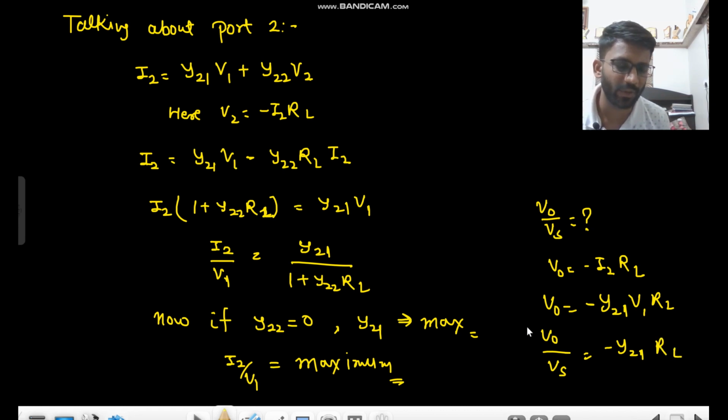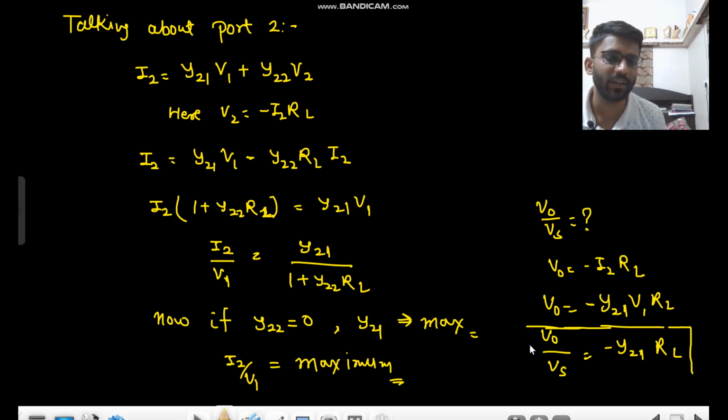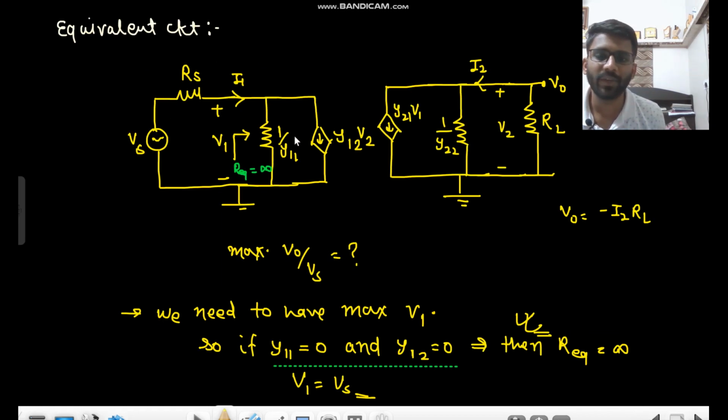So here you can also see you need to have a maximum value of y21 so that your gain is maximum, right? So basically, if you make this resistance look infinity, this current source look 0, and this resistance look infinity, then this Vs would be completely amplified into this y21 Vs, and the whole current will be flowing through this resistance.